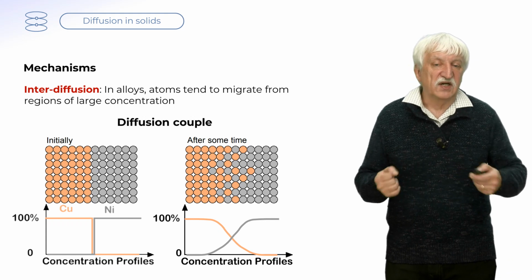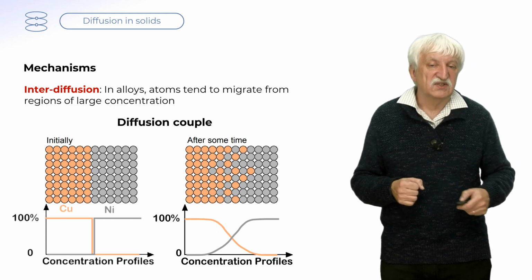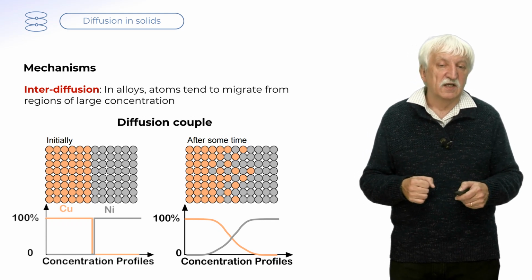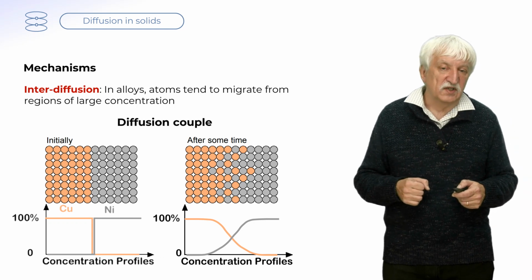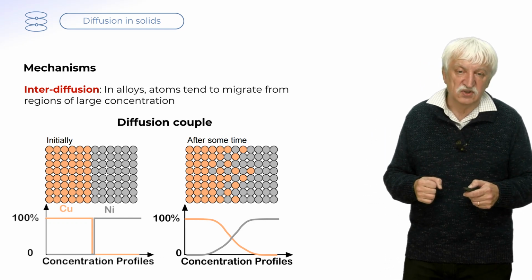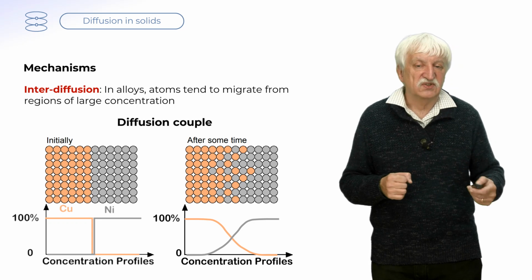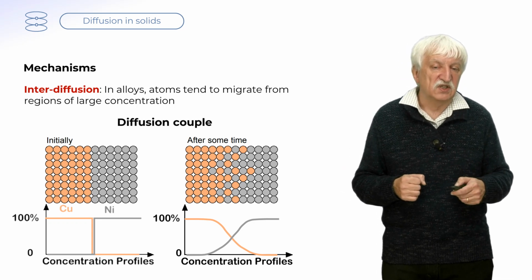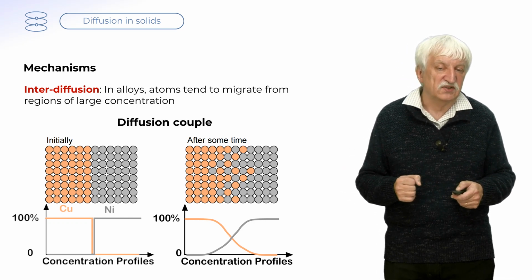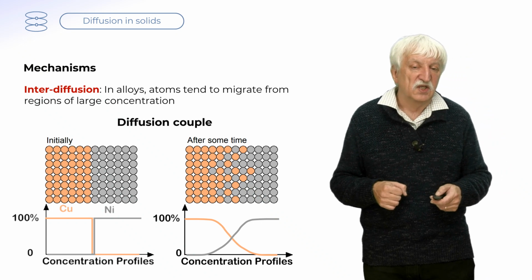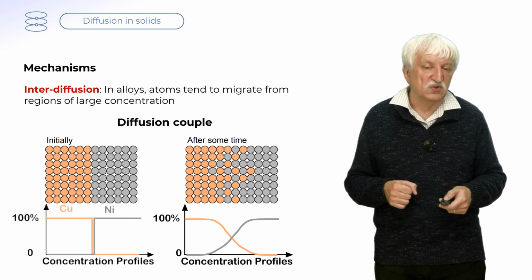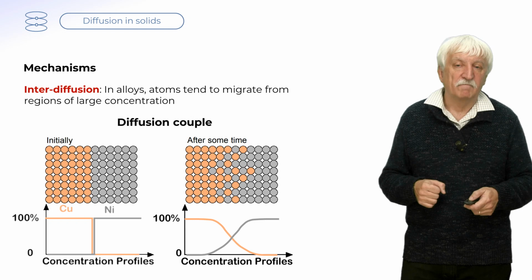Initially they are separated, but after some time atoms of one element are mixed with atoms of another element, and we have the concentration profiles of them shown on the picture here.